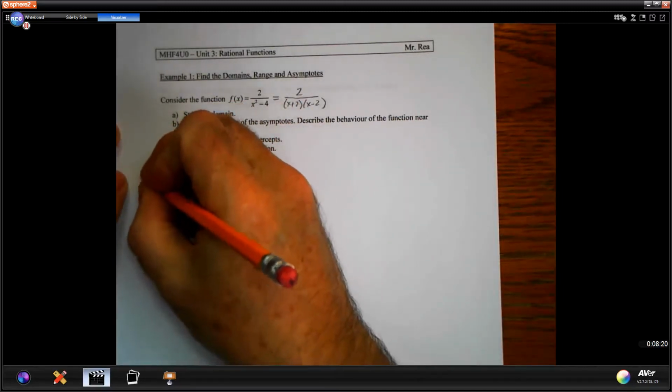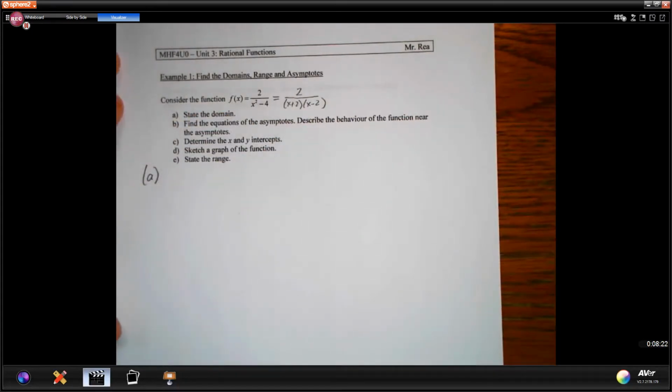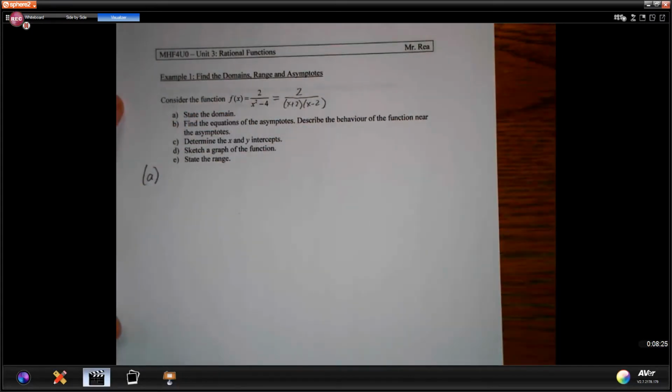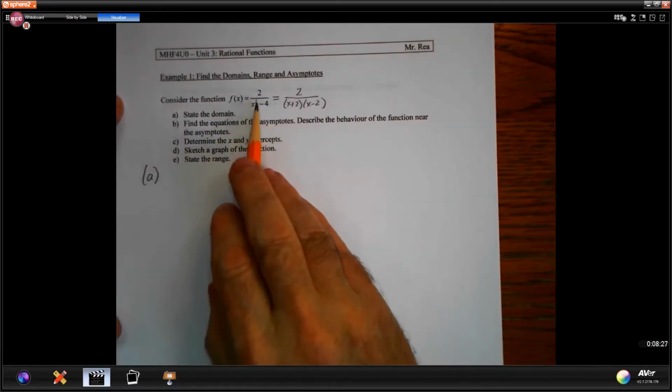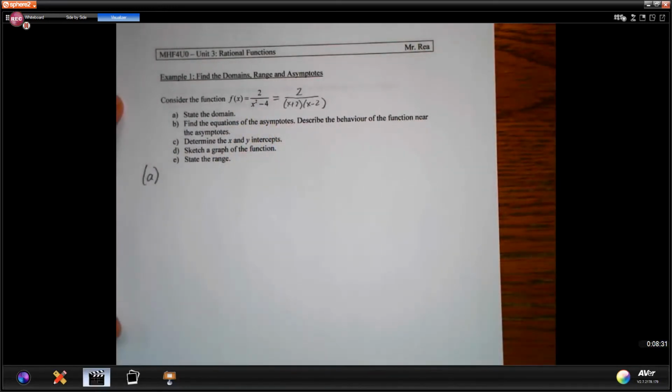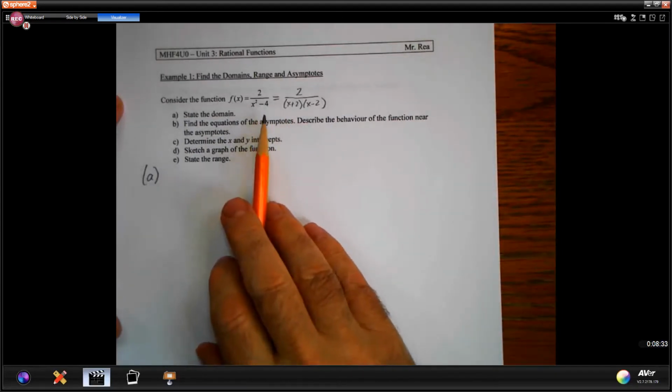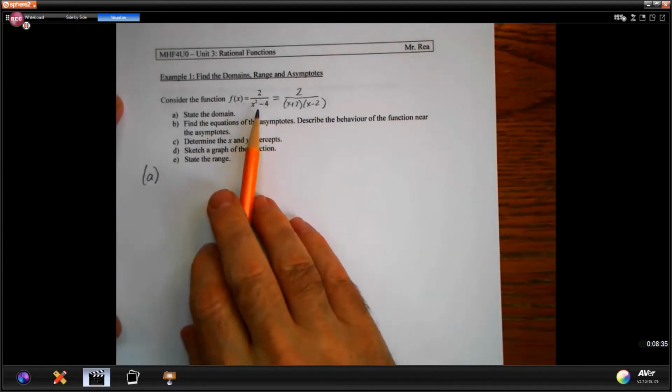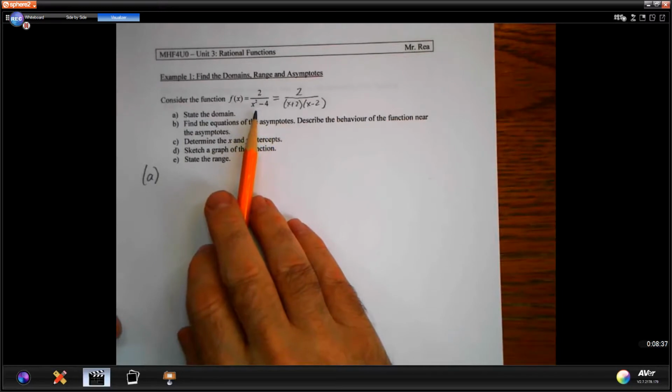Well, before we actually do the vertical asymptotes, we're going to talk about the domain. So the domain is basically what are the possible values of x that the function can use. And we discovered in our last lesson that all we have to do is look where x is undefined, and those are the only values where the domain can't exist.